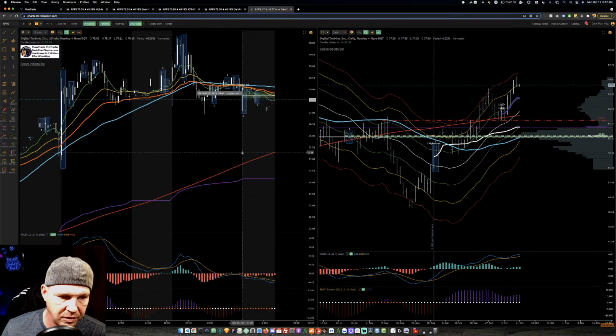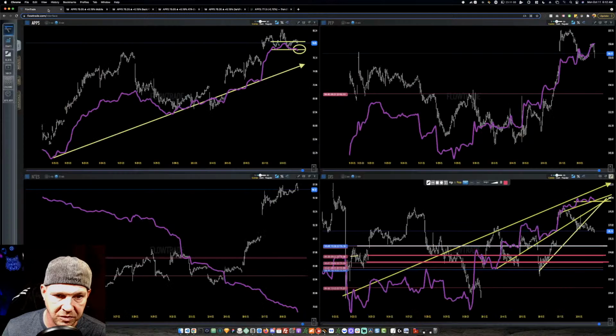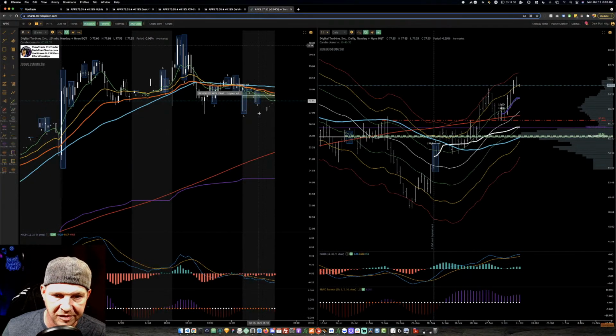We could pull back to this 200 at 75.50 very easily, especially with that bearish divergence from the algo. The algo's pointed down. I like that 75.50. We're currently trading at 77.50. So look for a rally rejection off of 78 for a pullback down to this giant inside bar.